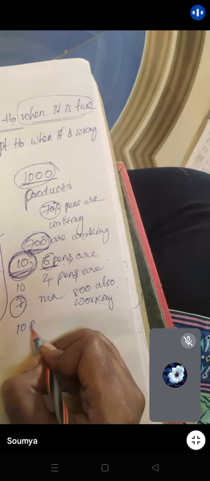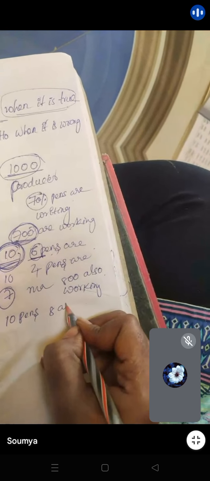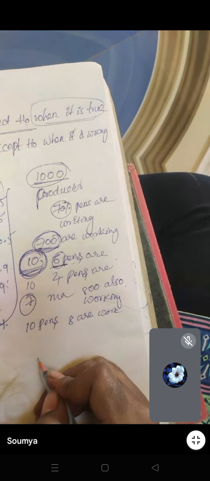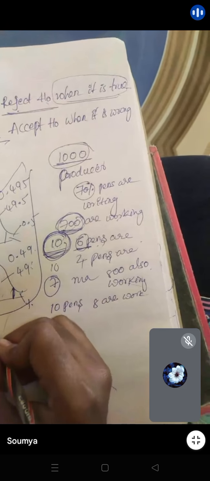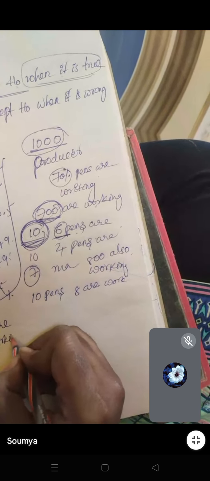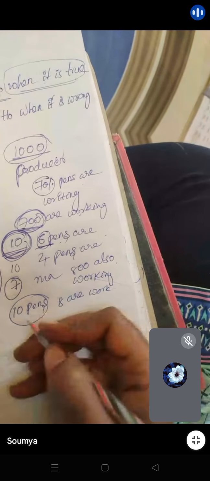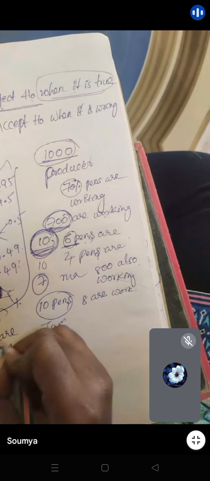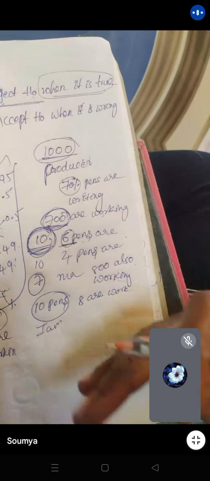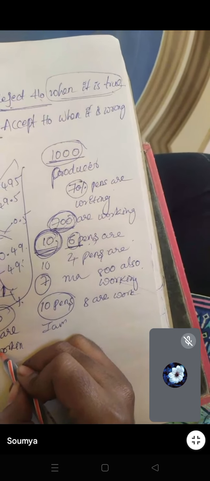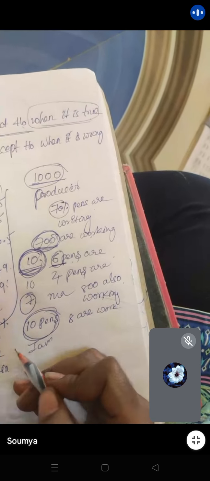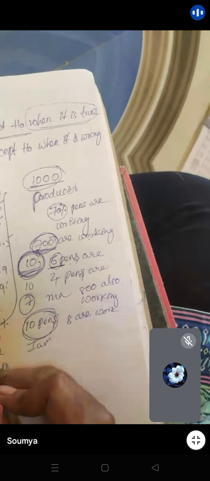Suppose in 10 pens, 8 are working. But in 1,000 pens, only 600 are working. By seeing 10 pens, I am going to buy these 1,000 pens, saying 70% are working. After checking, I got only 600 working, meaning I am getting a loss.